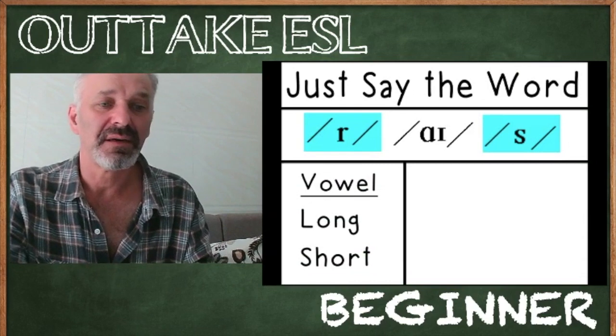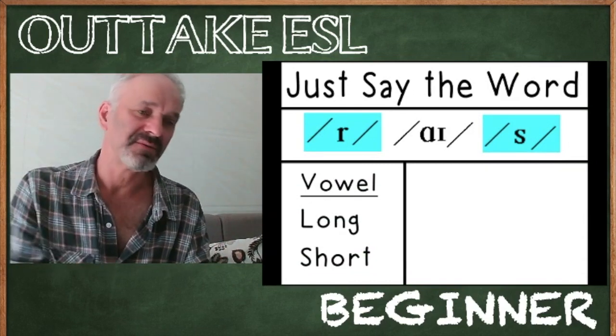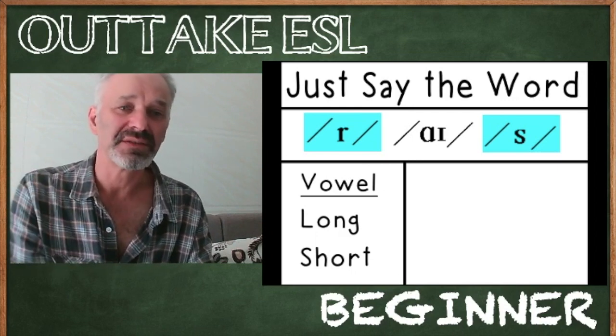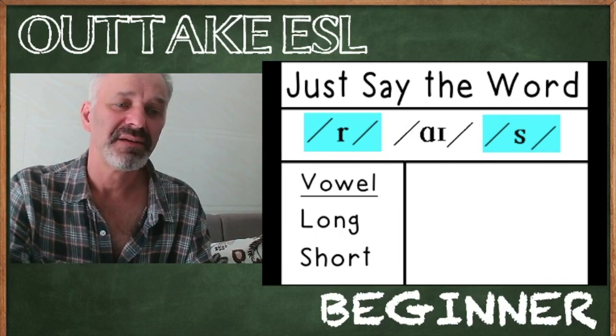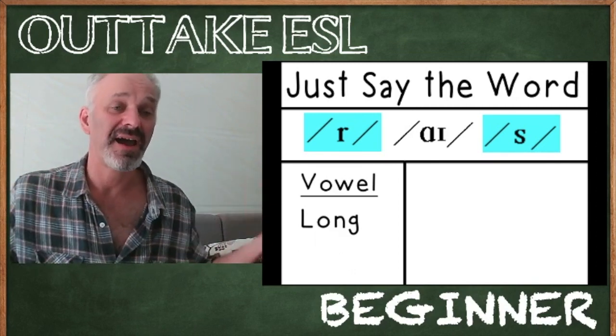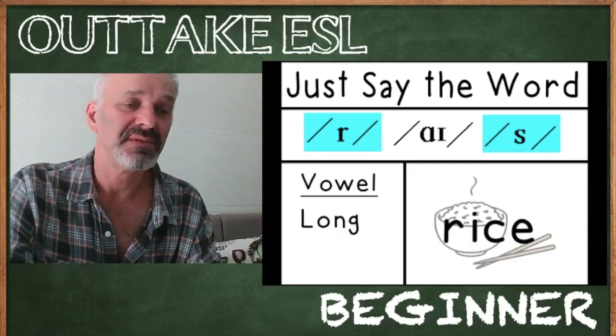Couple other examples, then we just go through here, and once they get the swing of it, they can start to say and look to get the points. So I got a long sound there, so long I. What's the word? Ice.